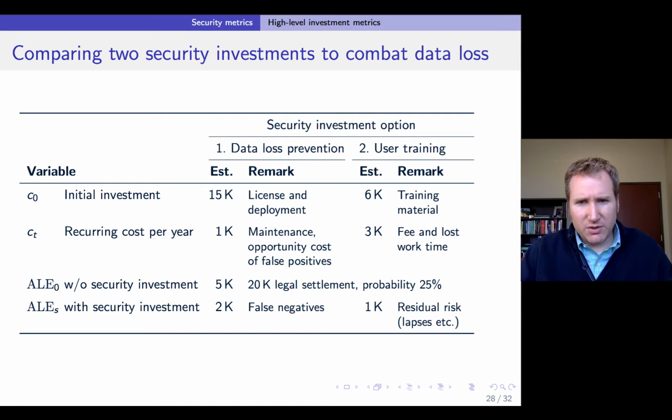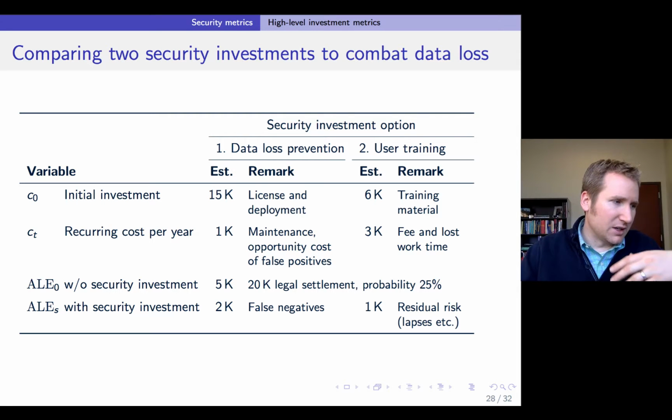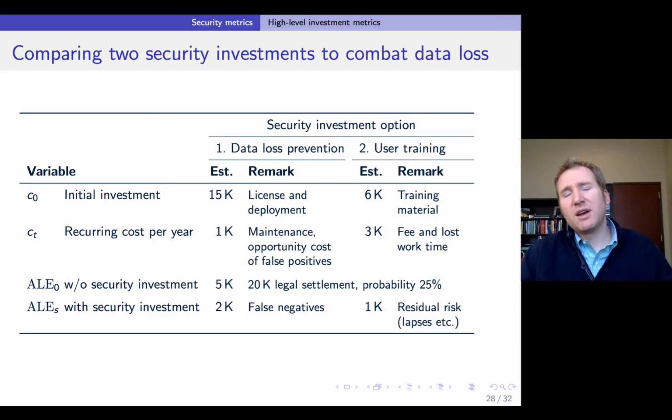So that's one option. The other option is to forego the expensive technology, but instead just train your users to try to do the right thing, to not lose personal data, not be careless of personal data.